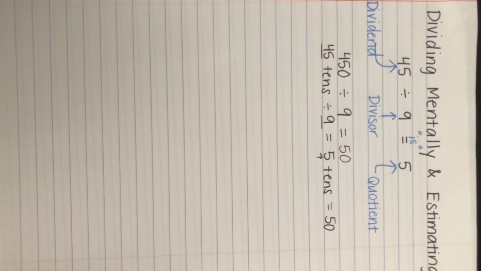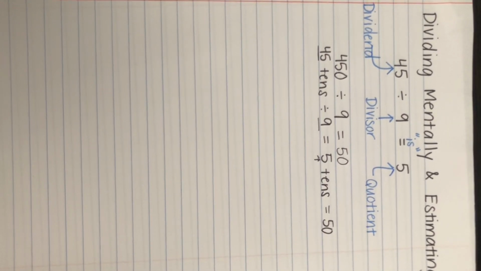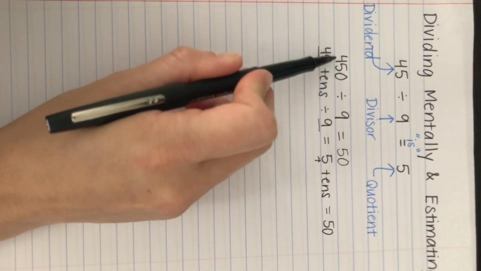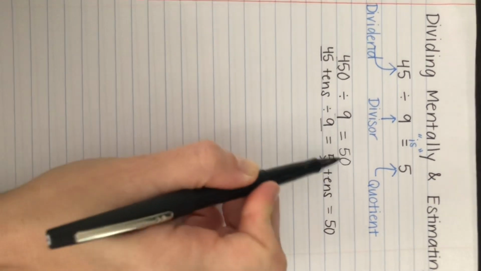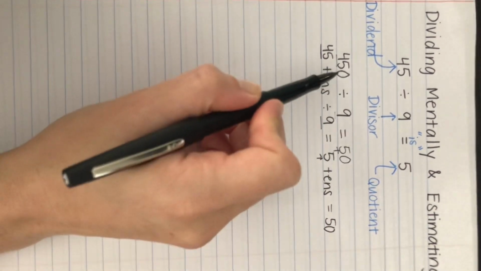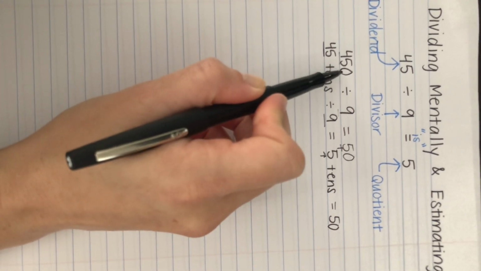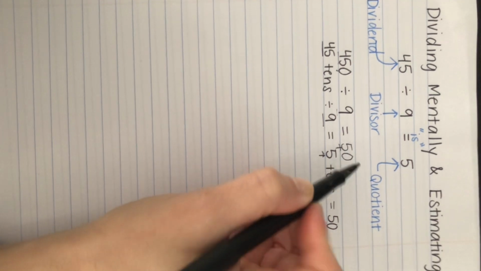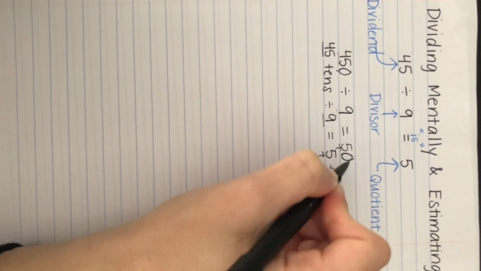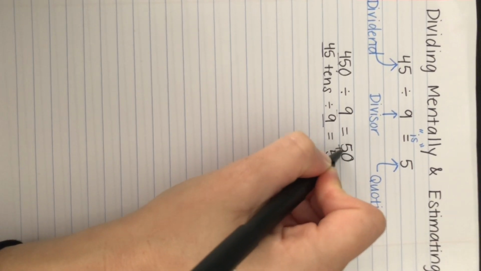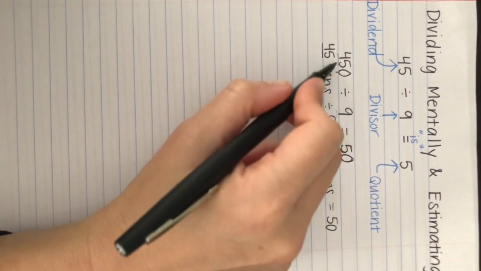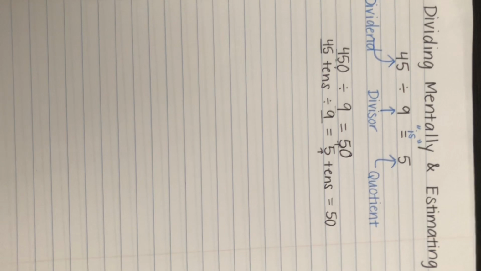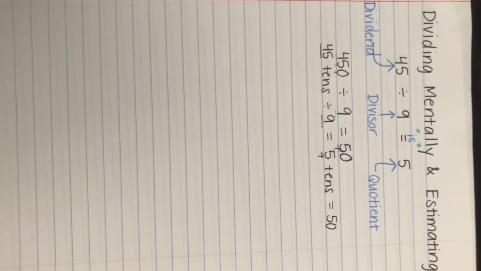And then a shortcut that we talked about with multiplication is that you can just look at the 45 divided by 9, put your 5 in, and then you can just count the zeros. So since there's 1 zero in our dividend, we can put 1 zero in our quotient so that it can be your place value holder to get you to where you need to be as far as where we started in our dividend when we pulled out our basic facts.